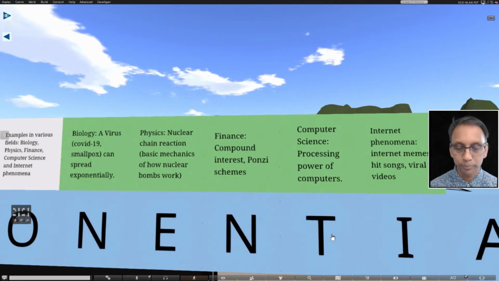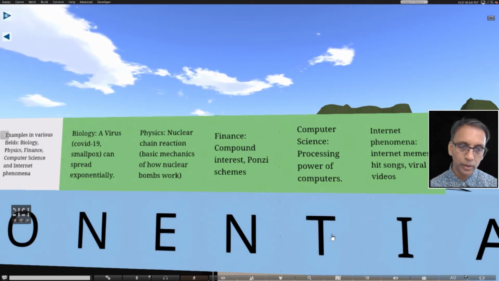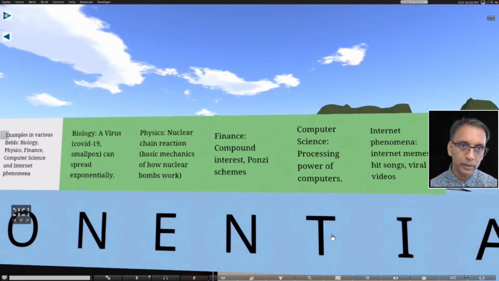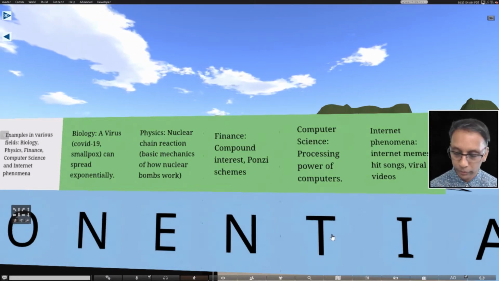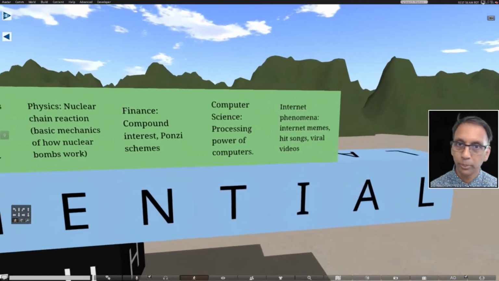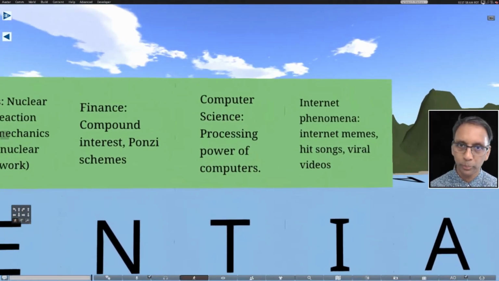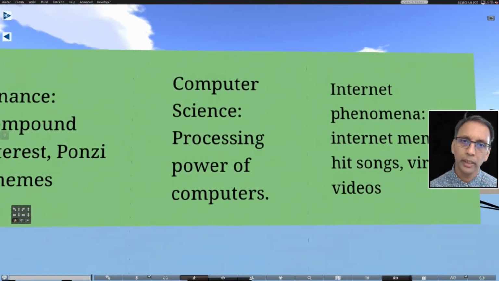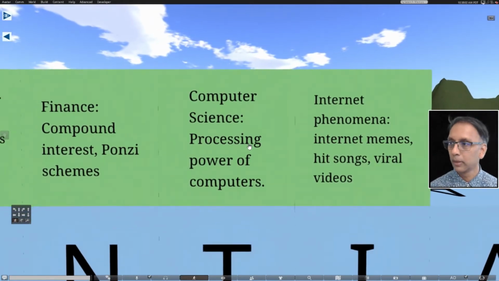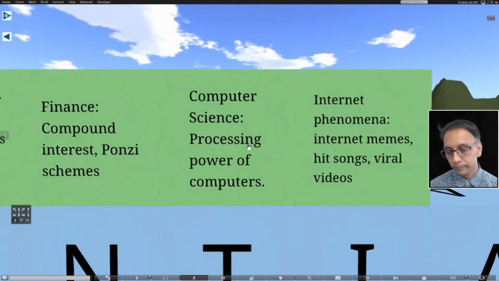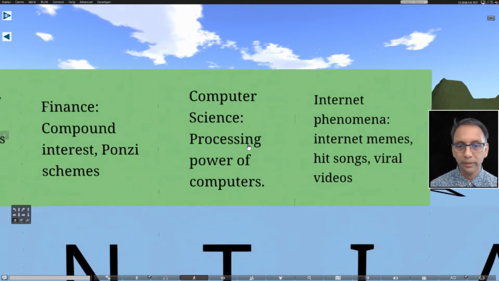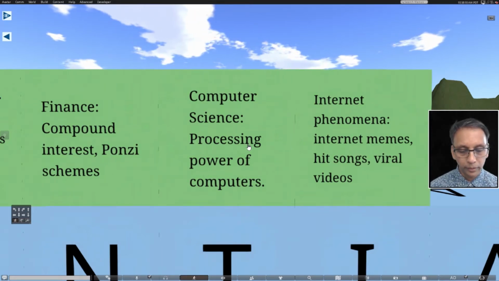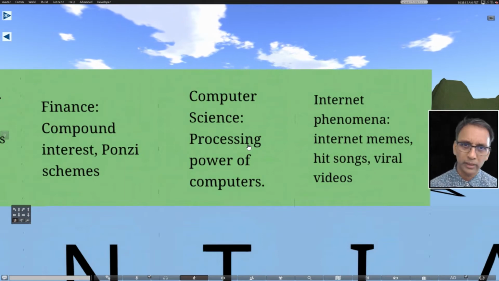Well, just to complete the picture of where these functions appear in computer science, most people have heard of the processing power of computers increasing rapidly over time, and there are so many, even simple things like the resolution of screens.